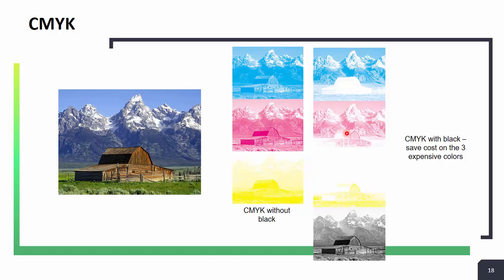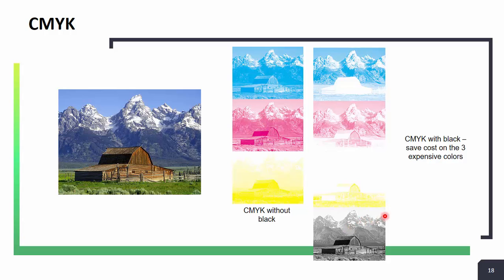It is because this magenta is replaced by this black component, and the same thing for the yellow component. You see over here we have so much yellow toner or yellow ink. Over here we have less. This part is almost white. Why? Because those components of cyan, magenta, and yellow are replaced with this cheaper black toner.